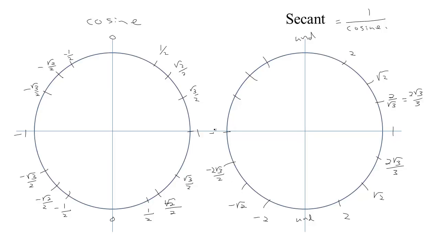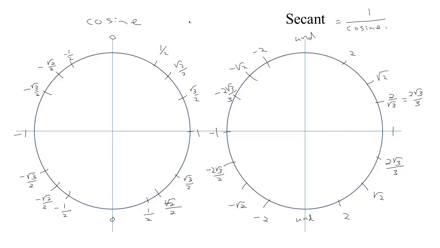And 1 over negative 1 is still negative 1. Negative 2 root 3 over 3. And let's see, negative root 2, just from the reciprocal of that, right? The reciprocal of negative 1/2 is negative 2. We've got all the values for secant.